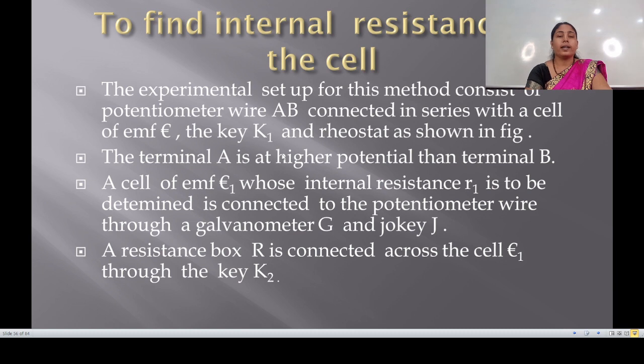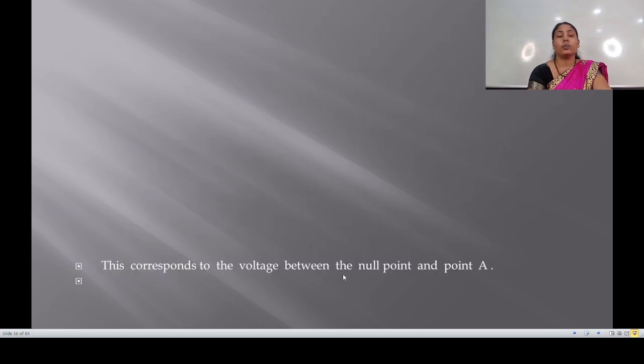A resistance box R is connected across the cell E1 through the key K2.